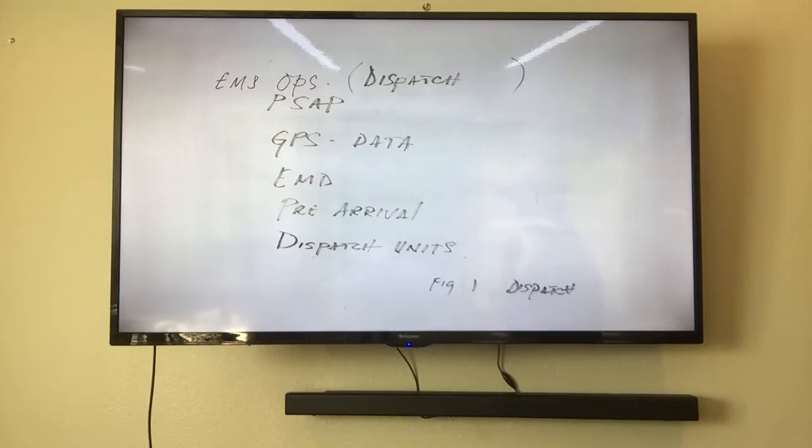During that time, that initial dispatcher will continue to stay on the line with the reporting party and may even start to give pre-arrival instructions.